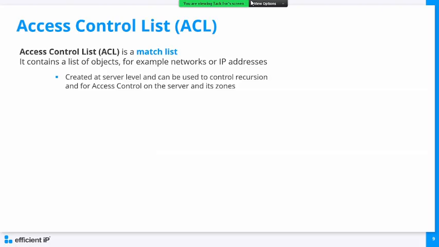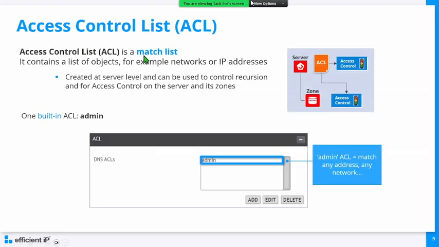It will be easier if you modify the access control list. Whatever changes you make on the access control list will be applied to all the access controls that use the access control list name. So the access control list is a match list for you to match an IP address or a subnet, by giving it a name. So that is an access control list.